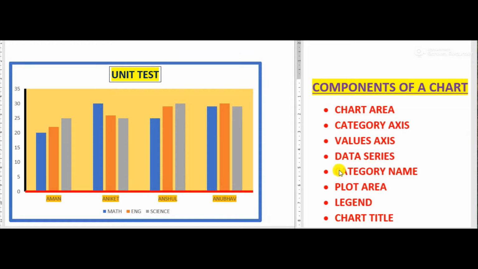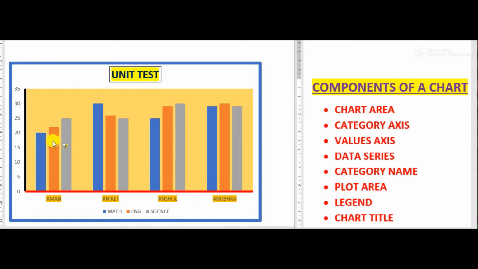The next component is data series. What is the data series? Data series are the bars, slices or other elements that show the data values. We can observe here these slices or bars are known as data series. If there are multiple data series in the chart, each will have a different color or style.